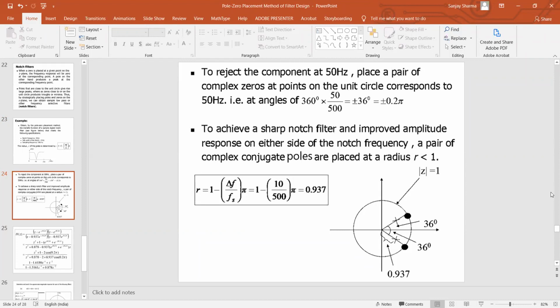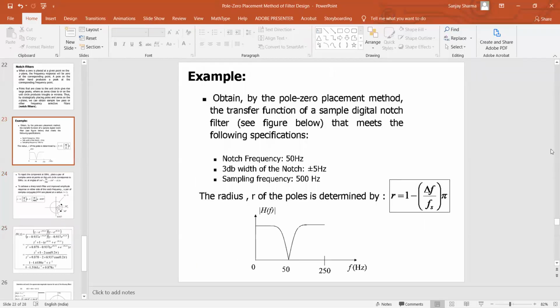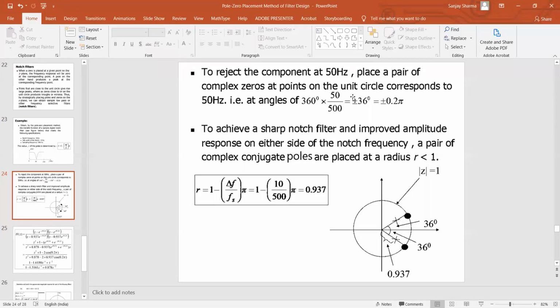We can get them like this: 360° into 50 divided by 500. 50 Hertz is the component to be rejected, and 500 is the sampling frequency, multiplied by 360°.